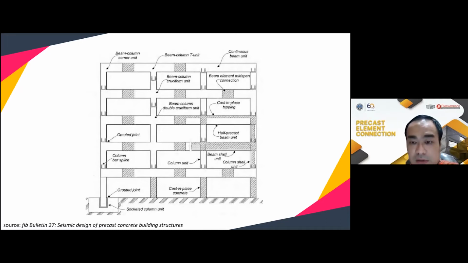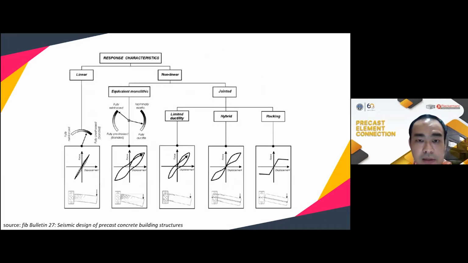We have several types of connections. I will not explain them one by one in detail. Here I will go to the behavior of the connections. For the linear, I will not talk more, because linear is usually like this. For the non-linear behavior, the equivalent monolithic system will behave similar to cast-in-place monolithic reinforced concrete structures.